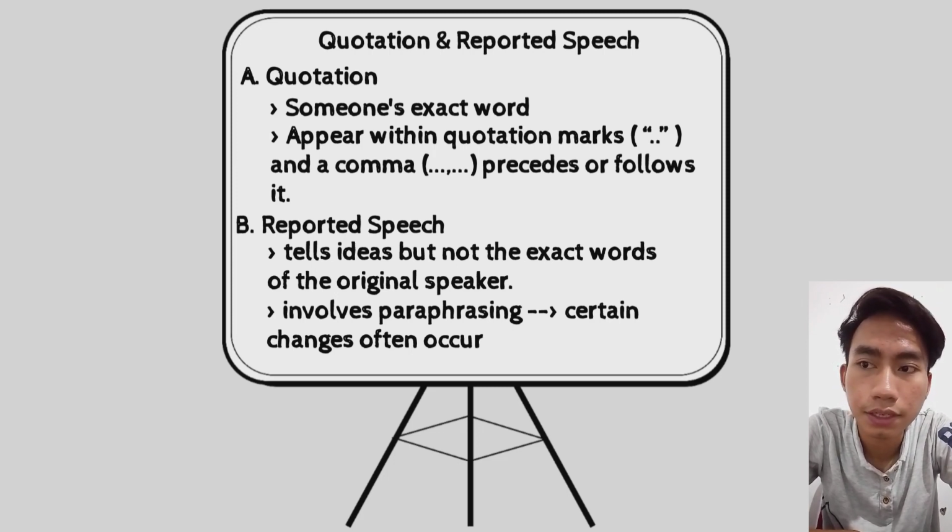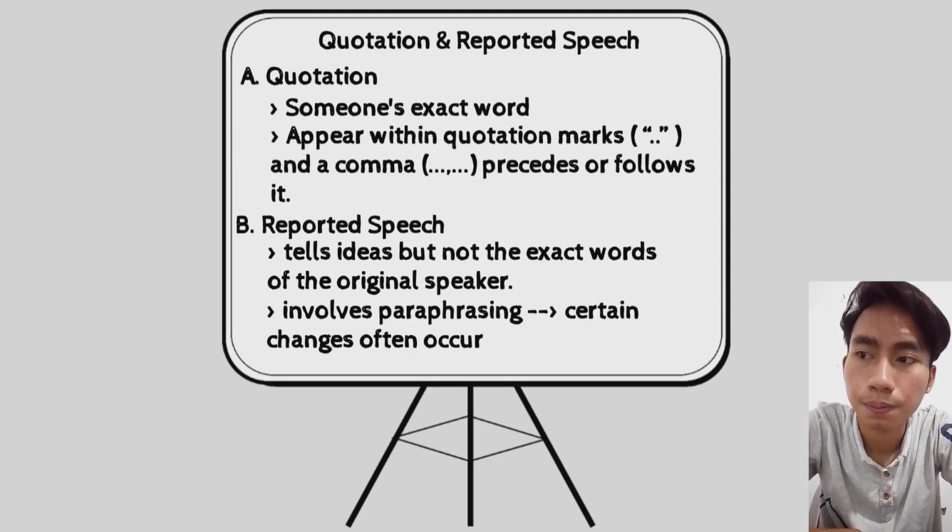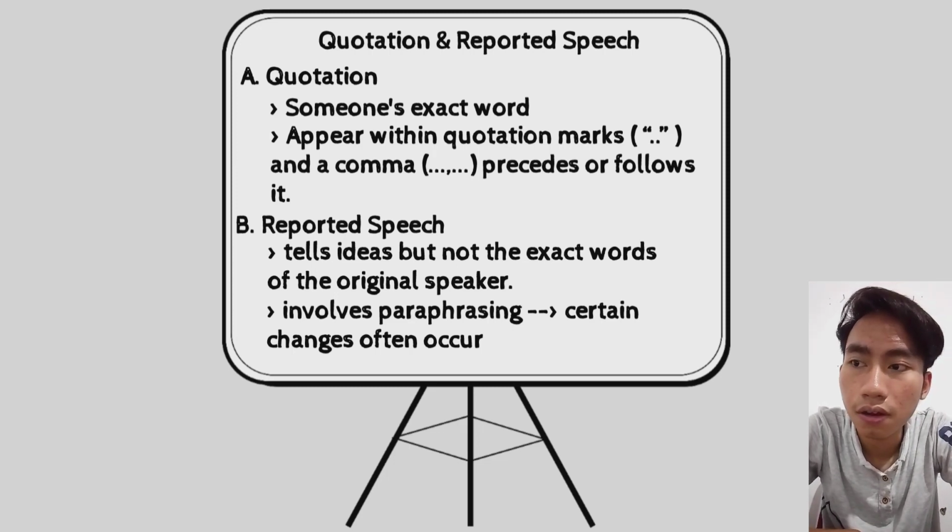Meanwhile, the reported speech tells the ideas but not the exact words of the original speaker. So the reported speech is used to report what someone has said. Reported speech often involves paraphrasing, keeping the idea but changing some language.